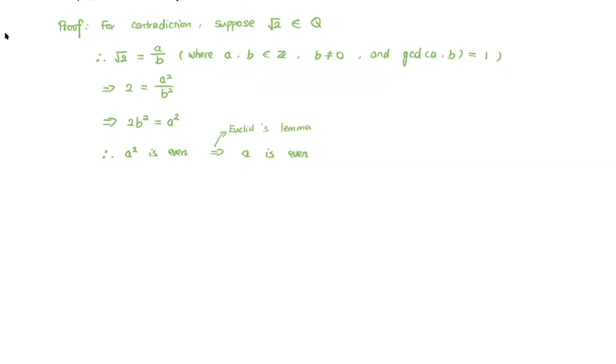So a squared is even implies a is even. Actually, it's pretty simple to prove. Let's prove it. How do I prove it? A squared is even means a is even.